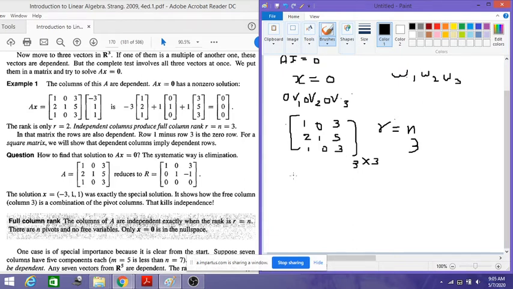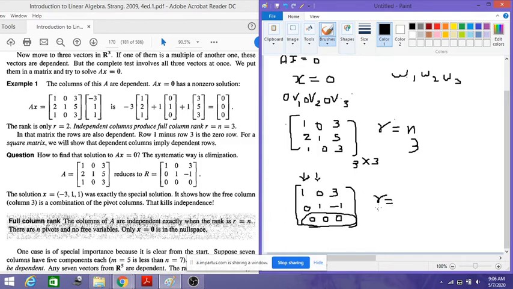When we went through the row elimination process, with the echelon row reduction method, we got the final reduced matrix 1 0 3, 0 1 minus 1, 0 0 0. Now if you see, there is a zero row here, and only two columns have pivots.